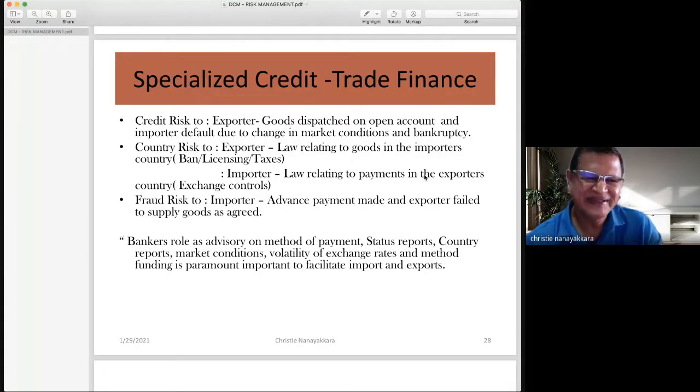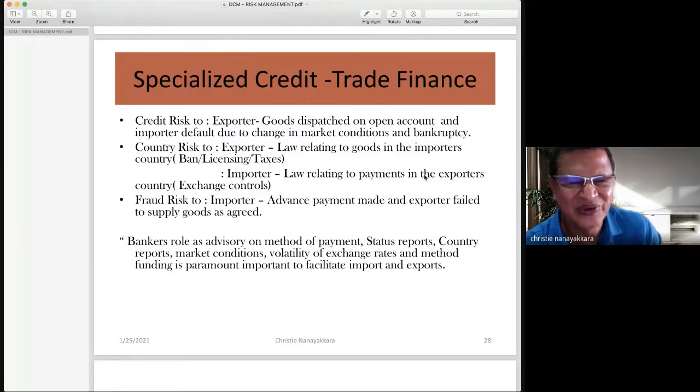So we looked at international trade in three ways. The letter of credit side, letter of credit usance, then we call it advance payment. Then we also looked at delivery against payment, delivery against acceptance. So these are the terms of credit which the importer and exporter will agree to do their transactions.